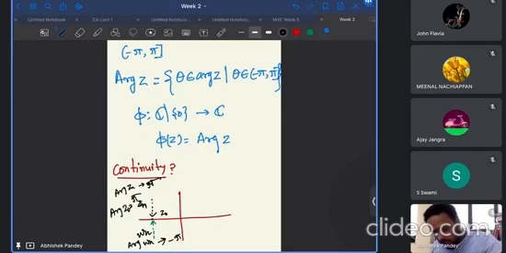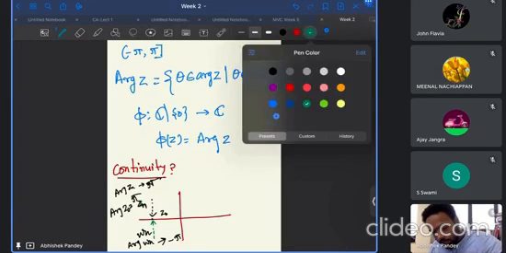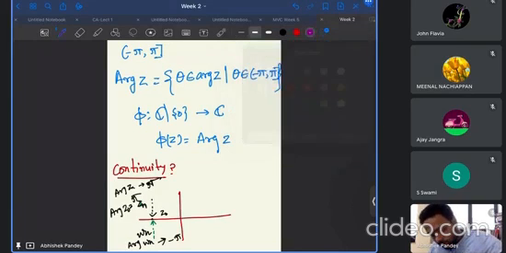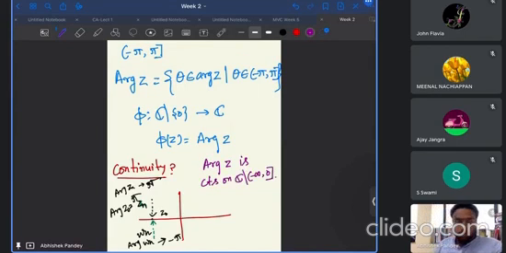So it means that the argument of z is continuous on C minus the non-positive real axis. Fine.